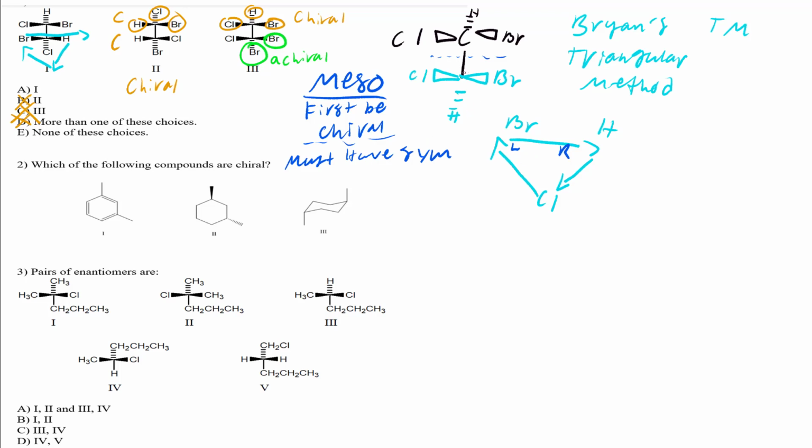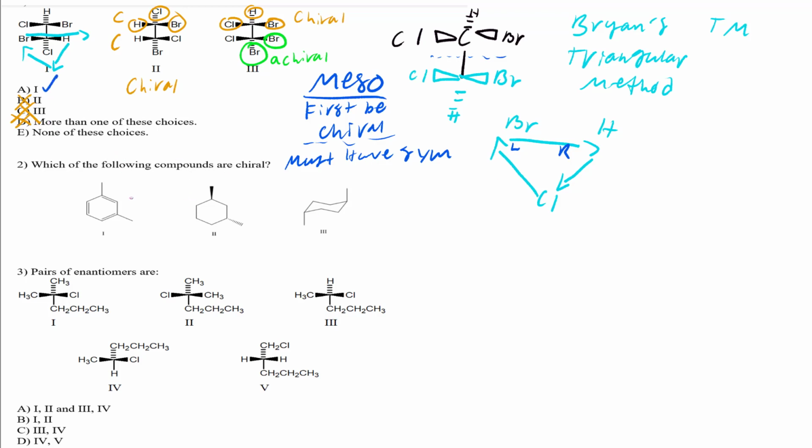We have symmetry now because we did the triangular method. And because we're chiral and have symmetry, we're going to be meso. And meso makes it achiral. So because we are meso, we are achiral, and we're looking for achiral, so we're going to say that this is good for us, right? So that's pretty good. A is the correct answer.